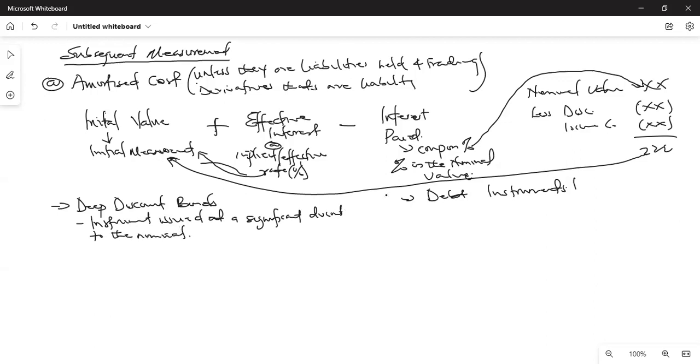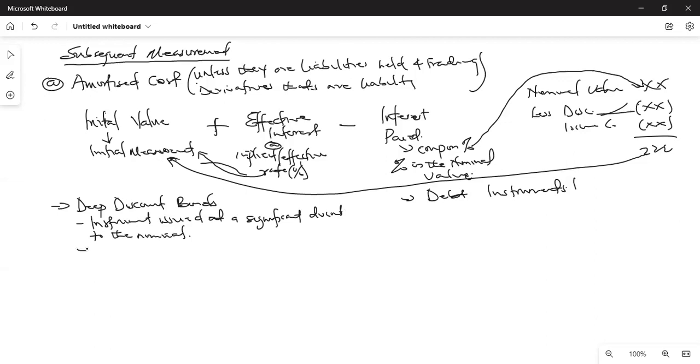Now, what you will see is that it has a huge discount. This discount is so huge that at the end of the day, it reduces the initial measurement of the liability. And we say that it has a coupon rate that is lower than the market rate.